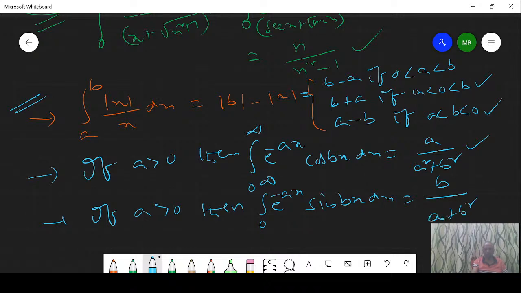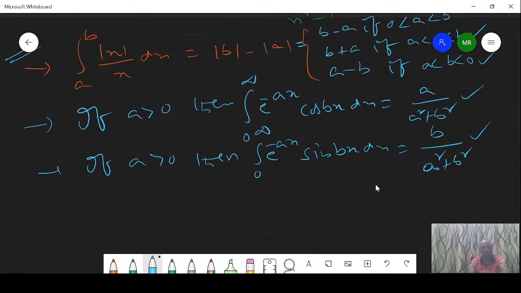For a positive, e power minus ax cos bx dx is a by a square plus b square, and e power minus ax sin bx dx is b by a square plus b square. Try to remember that; in the next session I can continue the problems.